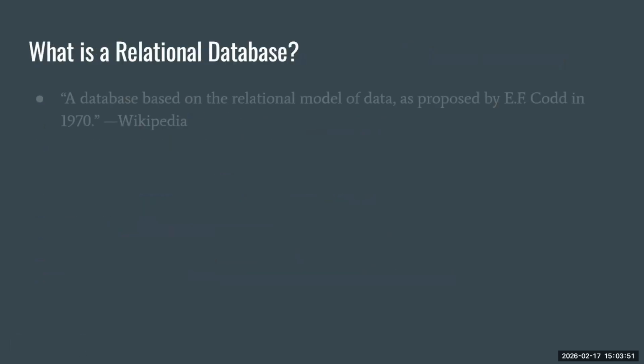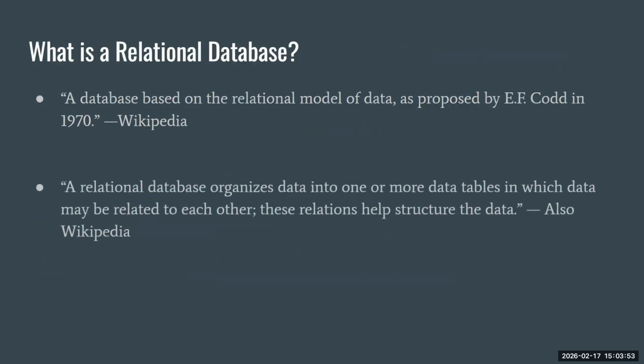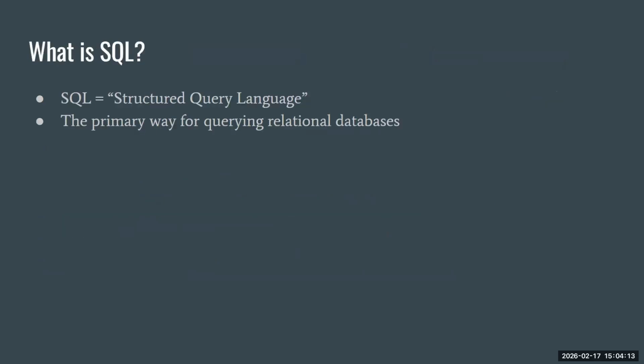What is a relational database? Well, this is the definition that Wikipedia has. I did not like this definition because it was not clear. So I think I told the group in October that I prefer to learn by doing. So that's what we're going to do. SQL, we defined SQL.